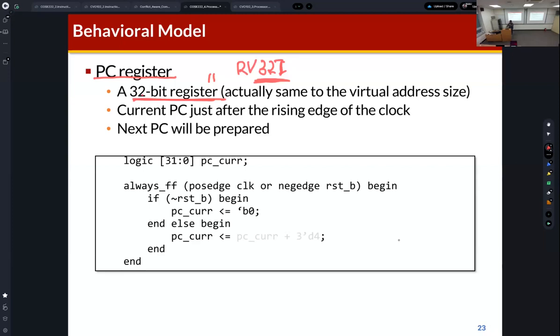So the width of the PC register is 32. We do not learn about virtual memory yet, but the width of the PC register is the same as the width of the virtual address.